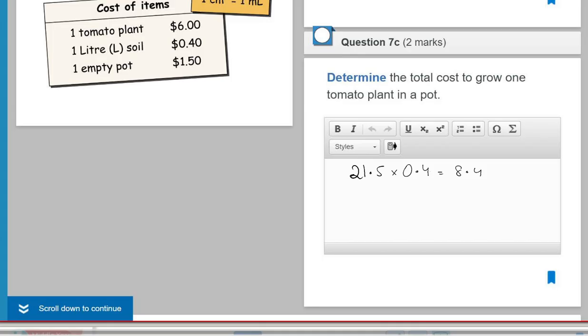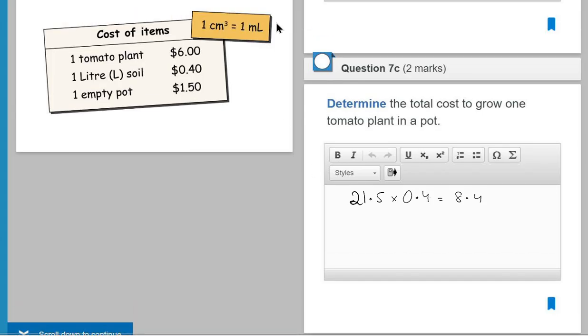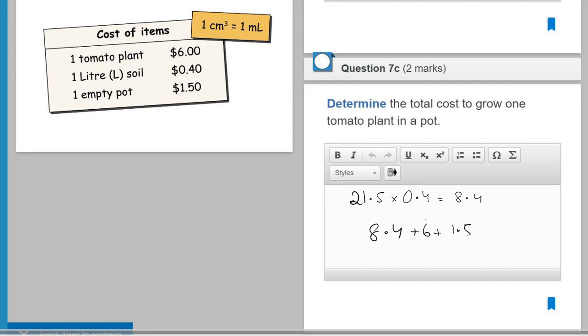Now 8.4 is the cost of the soil that we need. The cost of growing one tomato plant in total, right? So we're just supposed to add all of these values together. 8.4 plus 6 plus 1.5. The pot costs 1.5, the tomato plant costs 6, and the soil costs 8.4 in that case. So we get somewhere around 15.9 as the answer. So that's the correct value.